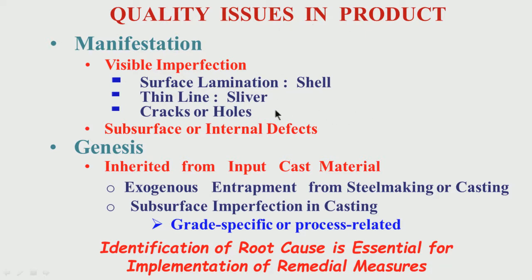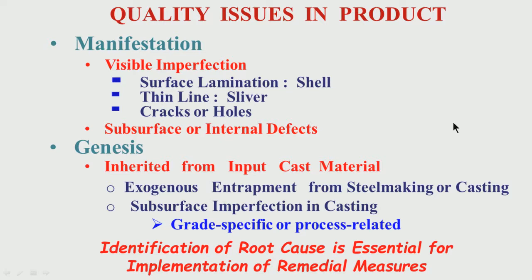These are on the surface I am talking about, and there can be certain problems at the subsurface or internal defects, which normally you do not see on the surface. Through non-destructive testing you can see, or if you cut a cross section, then you can see. In a cast product the internal defects you can see only in a cross section.